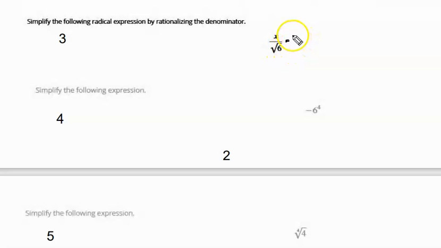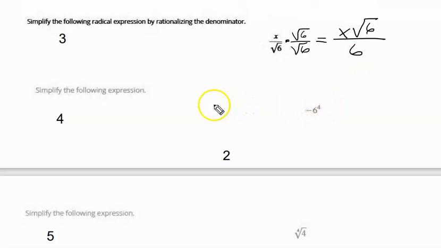And as we mentioned, it's often whatever's in the denominator, square root of 6 over the square root of 6. Our numerator then becomes x times the square root of 6, and our denominator is the square root of 36, which is 6. We've gone from an irrational denominator to a rational one.